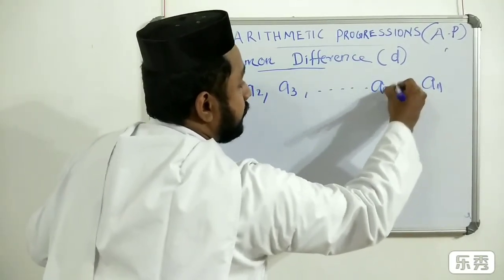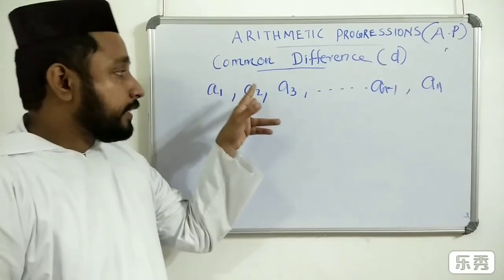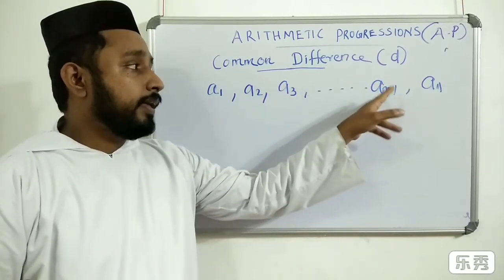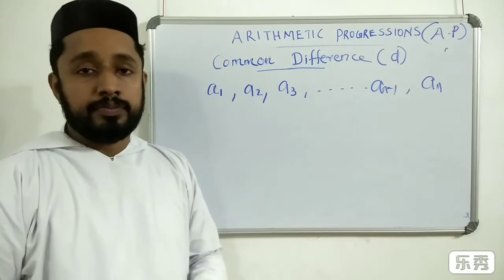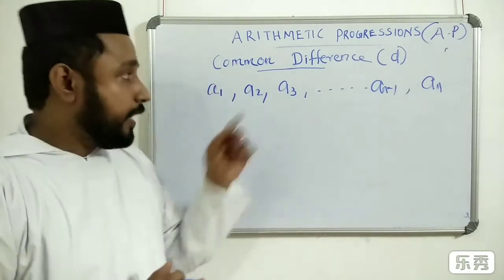The second last term is a(n-1). So the first term is a1, the second term is a2, the third term is a3, etc., a(n-1) and an. Now we are going to study the common difference of this AP.